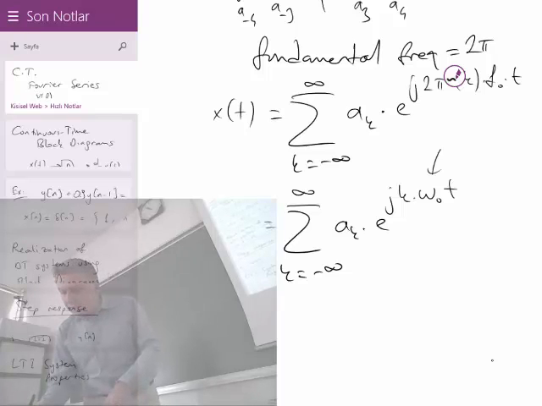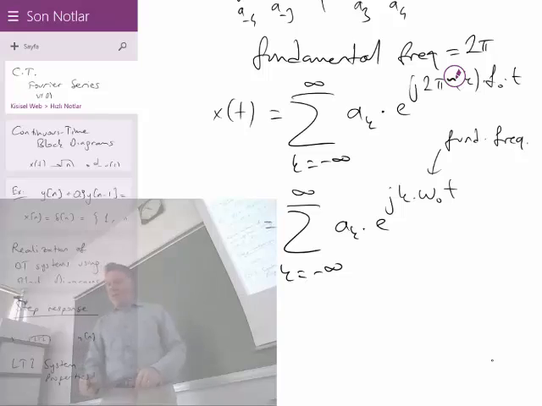So this omega 0 is the fundamental frequency, and every harmonic must have a frequency of integer k times omega 0. So your duty is to first determine omega 0, and then what is this frequency in terms of that? That is k times omega 0.